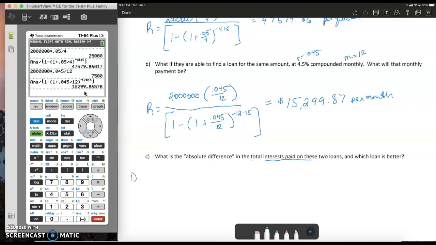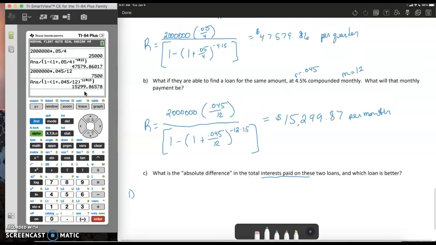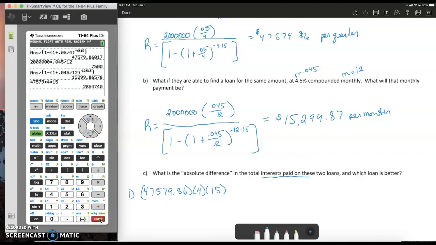So on the first loan, they made $47,579.86 payments 4 times a year for 15 years. So let's see, 47,579.86 times 4 times 15 gives us $2,854,740 repaid.